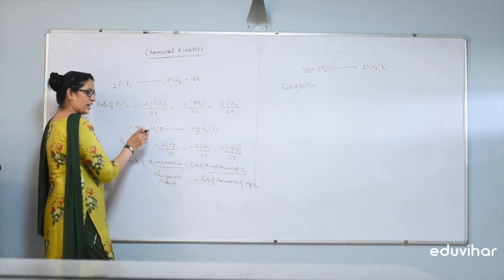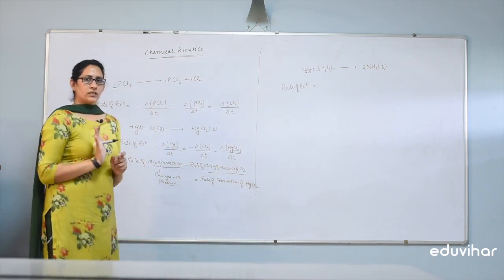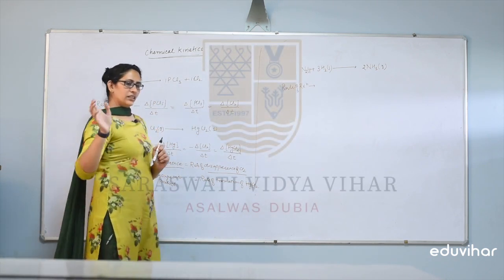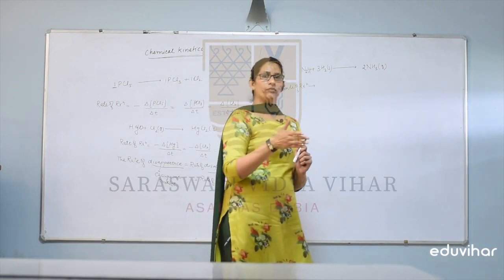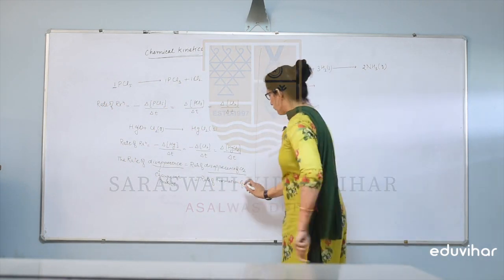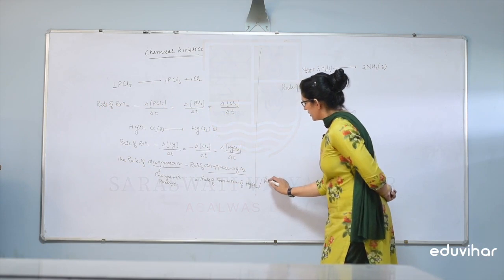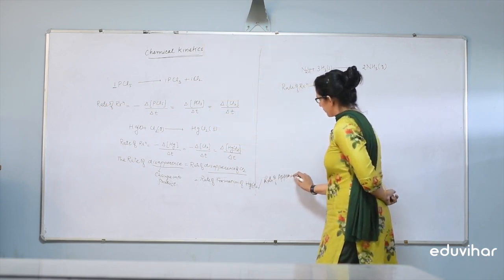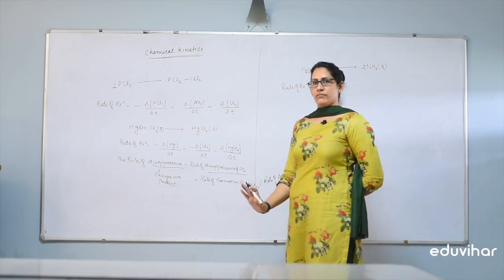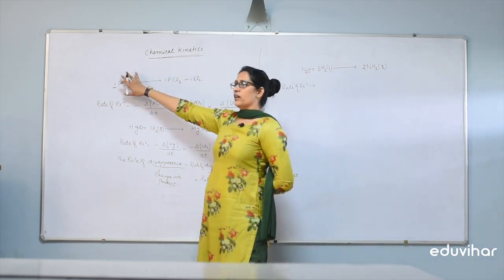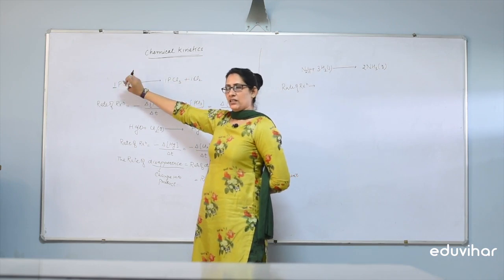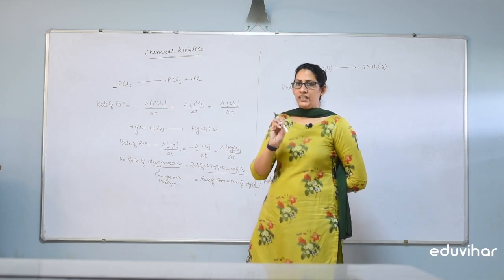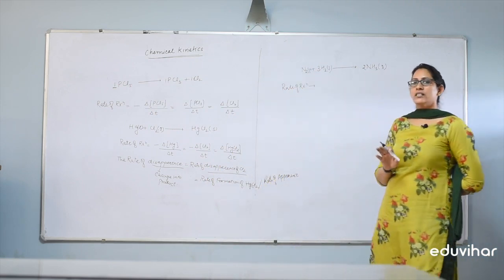It means whenever we have 1, 1, 1 stoichiometric coefficient of reactant and product, at that time the rate of disappearance, the rate of formation, or you can say rate of appearance, are the same. It means the amount of reactant that disappears is equal to the amount of product formed when the stoichiometric coefficient is 1.